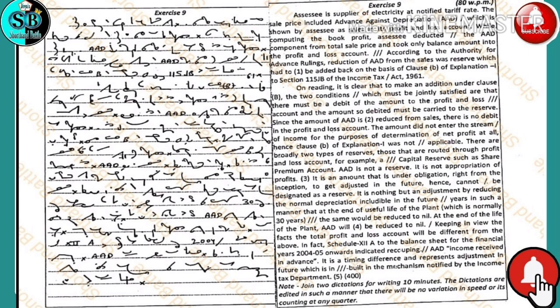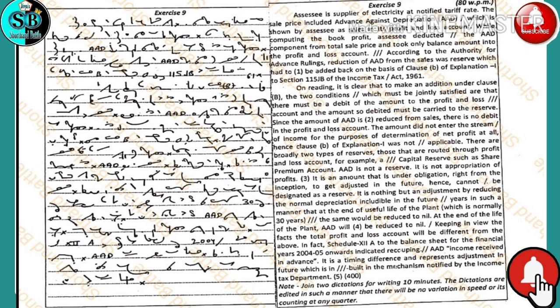It is nothing but an adjustment by reducing the normal depreciation includable in the future years in such a manner that at the end of useful life of the plant, which is normally 30 years, the same would be reduced to nil. At the end of the life of the plant, AAD will be reduced to nil.